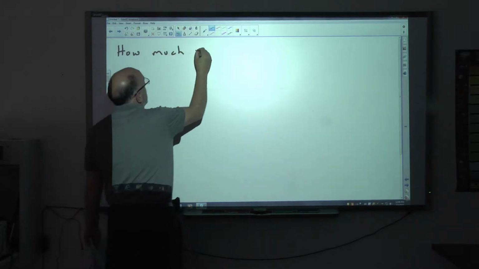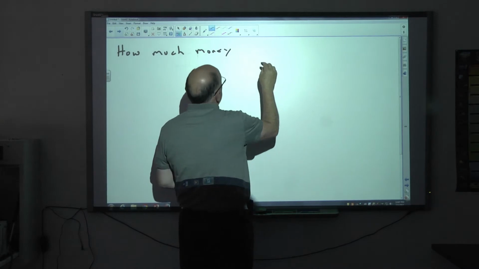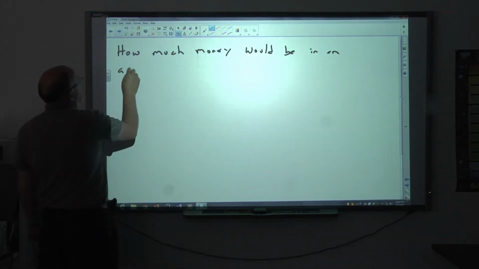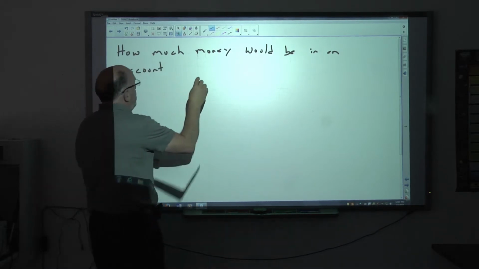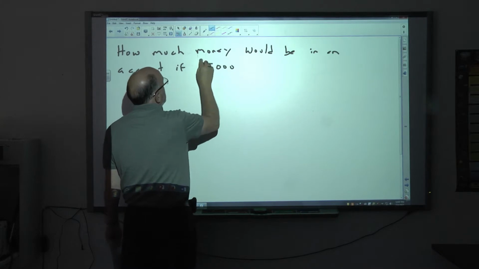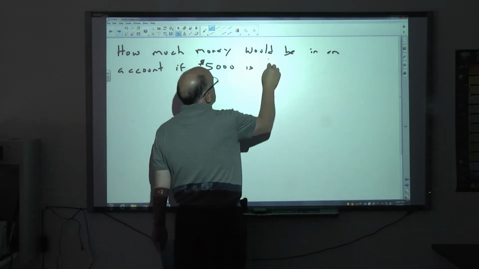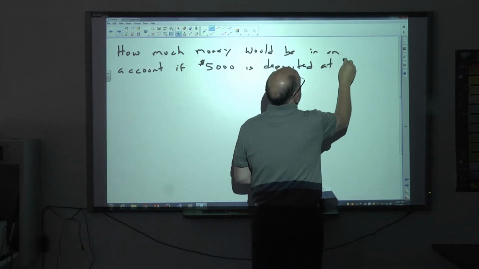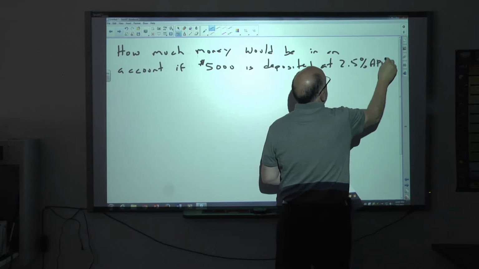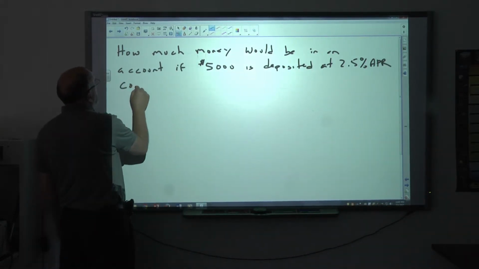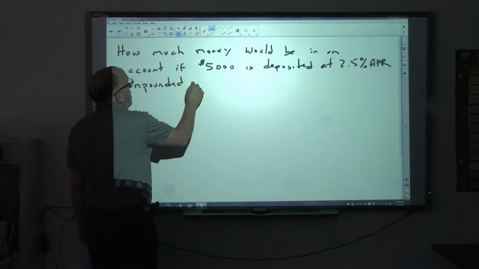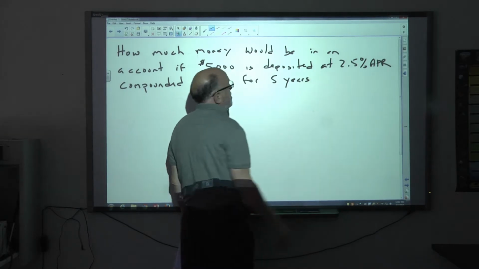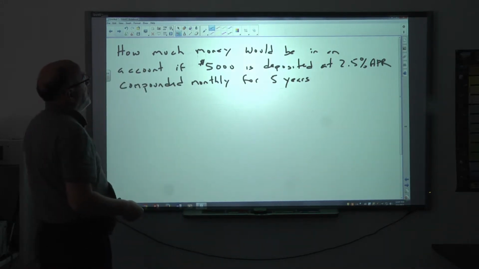How much money would be in an account if $5,000 is deposited at 2.5% APR, compounded monthly, for 5 years? Right?